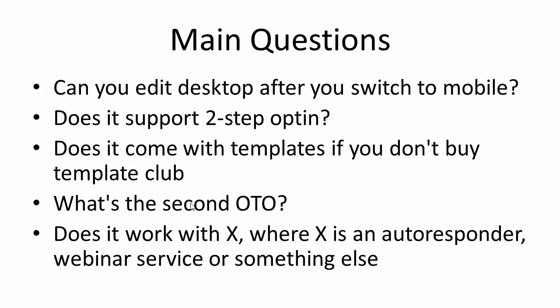And the last question that came up over and over again is, does it work with X, where X is an autoresponder, a webinar service, or something else? And how do you configure this? And the answer is basically, it's very, very simple. You just drop very simple form code. Basically every single autoresponder, every single webinar service, etc., provides a little form code.